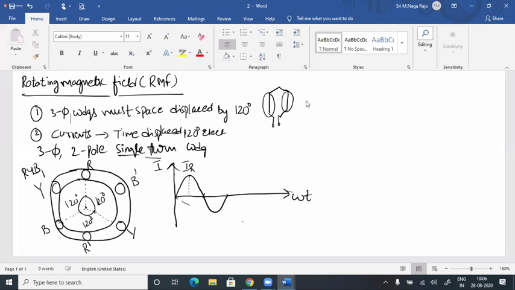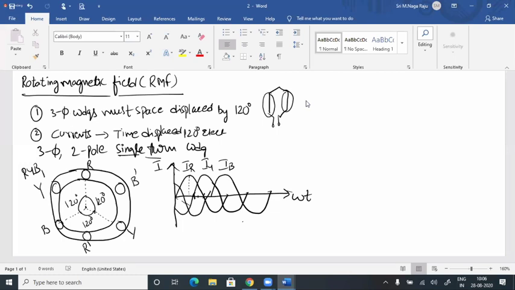After 120, the IY has to start. From this point, again after 120, IB. This is IR, this is IY, this is IB.